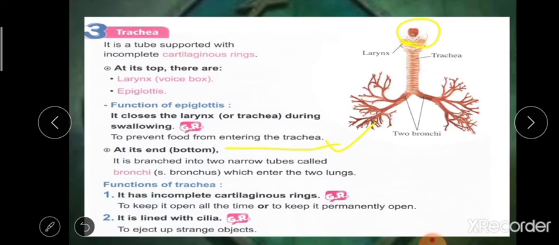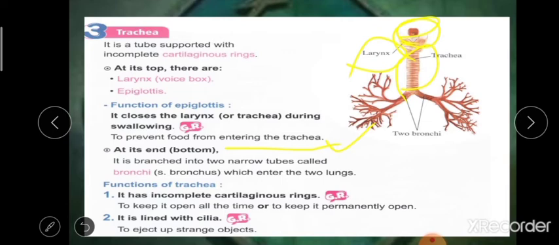At the top of the trachea, two things: first, the epiglottis, which closes the trachea during swallowing, and the larynx, which is a voice box. Also the trachea is supported with incomplete cartilaginous rings to keep it open all the time.